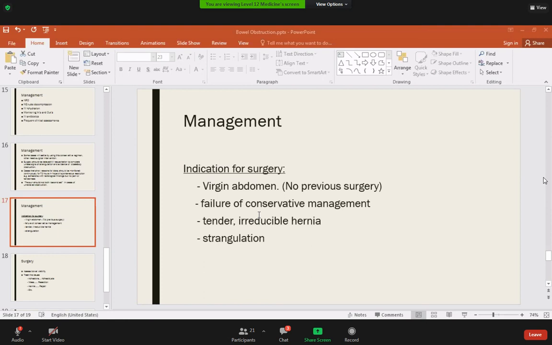If the patient is having a tender irreducible swelling at any of the hernial orifices, or if the hernia which was initially obstructed and irreducible now becomes strangulated, there are signs of strangulation over that hernia. When you are having any of these things, it is a hint to your mind that now you have to think of surgery.